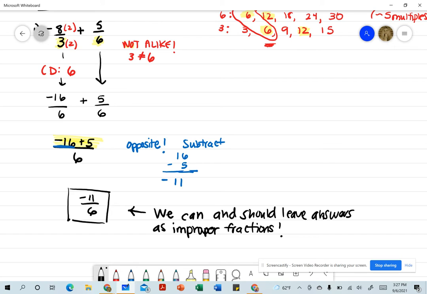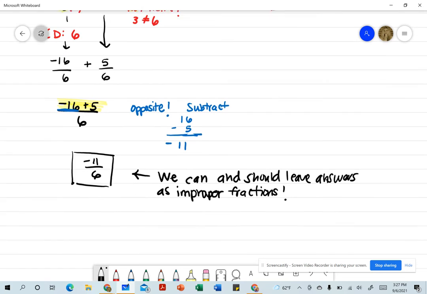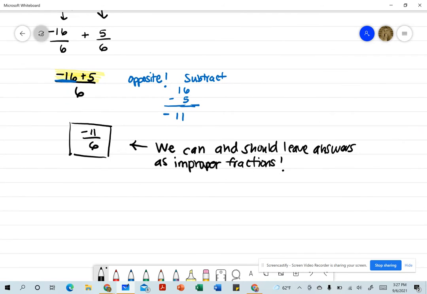That's not simplify, that's just converting. In this case, I don't need you to write this as negative 1 5/6. In fact, I prefer it as negative 11/6. It's easier for me to grade. The higher up you get in math, the more often you're going to leave them as improper fractions anyways. So let's keep improper fractions and be comfortable with them.